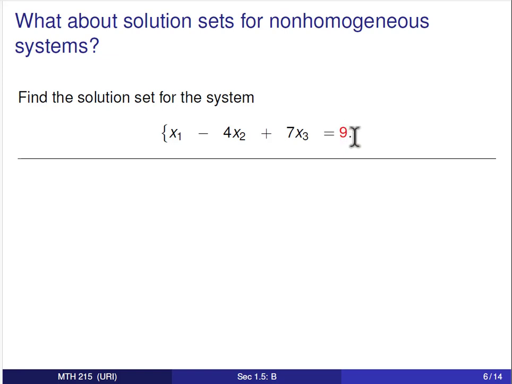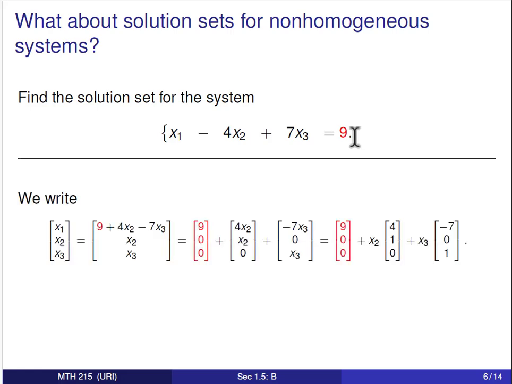But if we were to try to solve this, as usual, we would do what we normally do. We would take the augmented matrix and we'd row reduce, except that there's little row reducing to do. We'd end up with a solution x1 equals 9 plus 4x2 minus 7x3. And x2 and x3 would end up being our free variables as before.